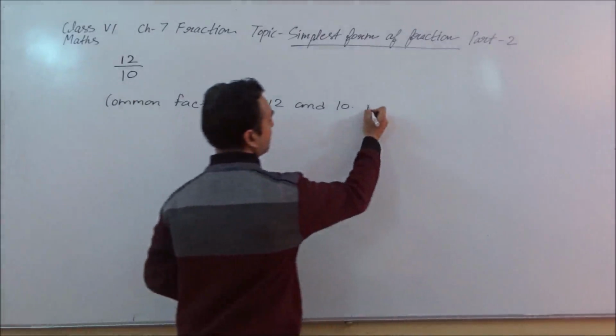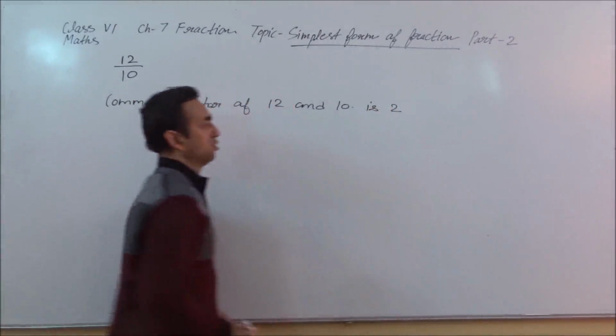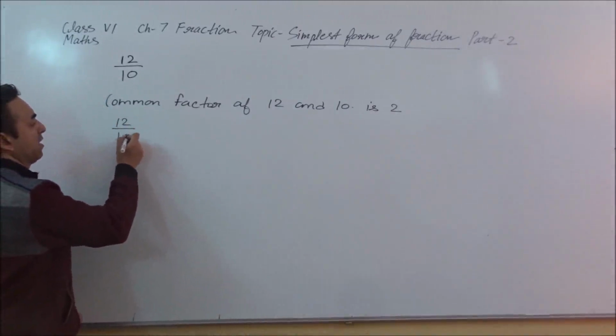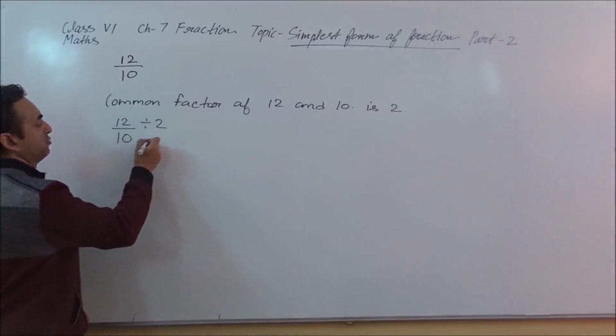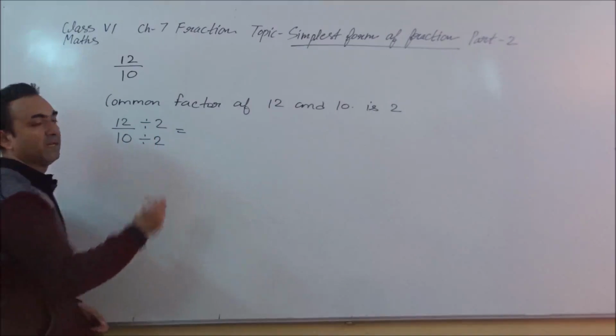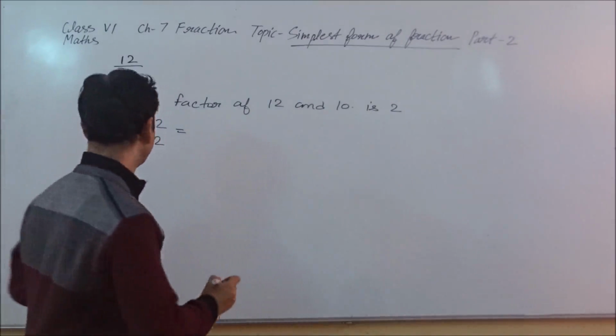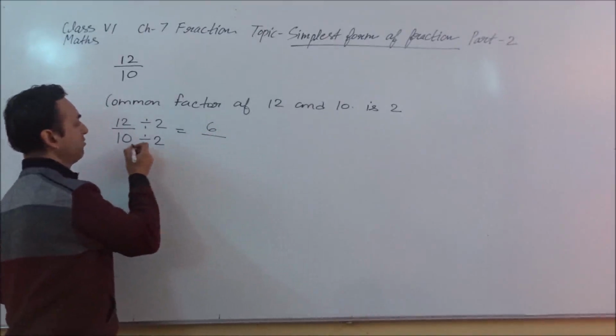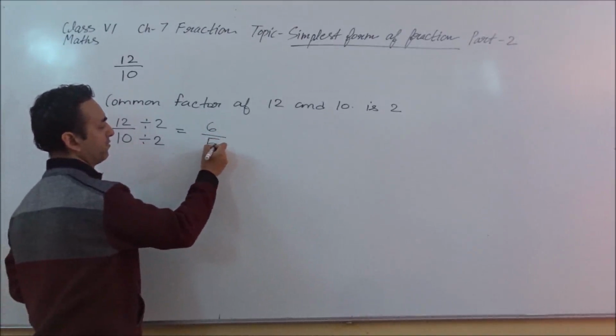The common factor of 12 and 10 is 2. So, we will divide this fraction 12 upon 10 by 2, both numerator and denominator. When you divide 12 by 2, you get 6, and when you divide 10 by 2, you get 5.